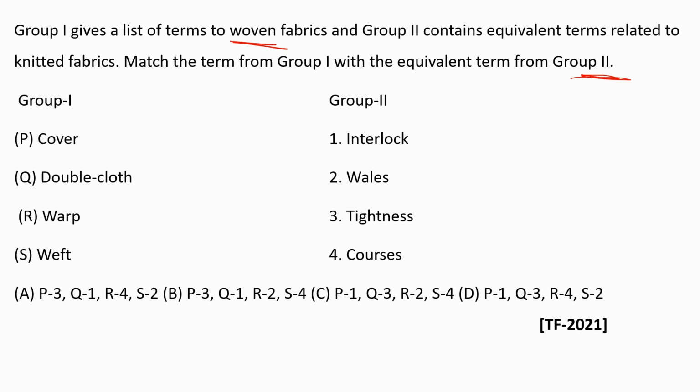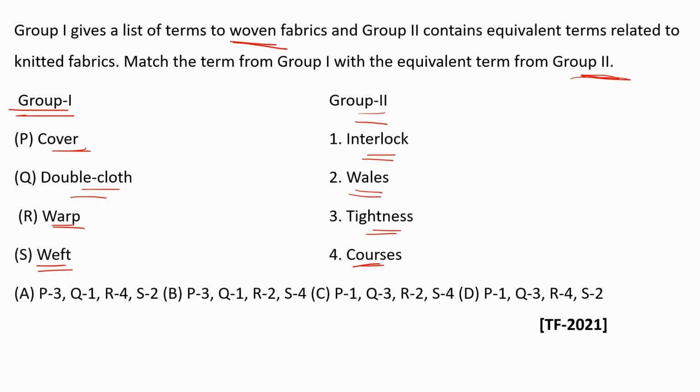It is a matching type of question, and you have to match the terms of the woven fabrics with the knitted fabrics given in group 2. In group 1 the terms given are cover, double cloth, warp and weft. And in group 2: interlock, wales, tightness and courses. These are all knitted fabric terms used in knitting, and in group 1 these are all woven fabric terms.